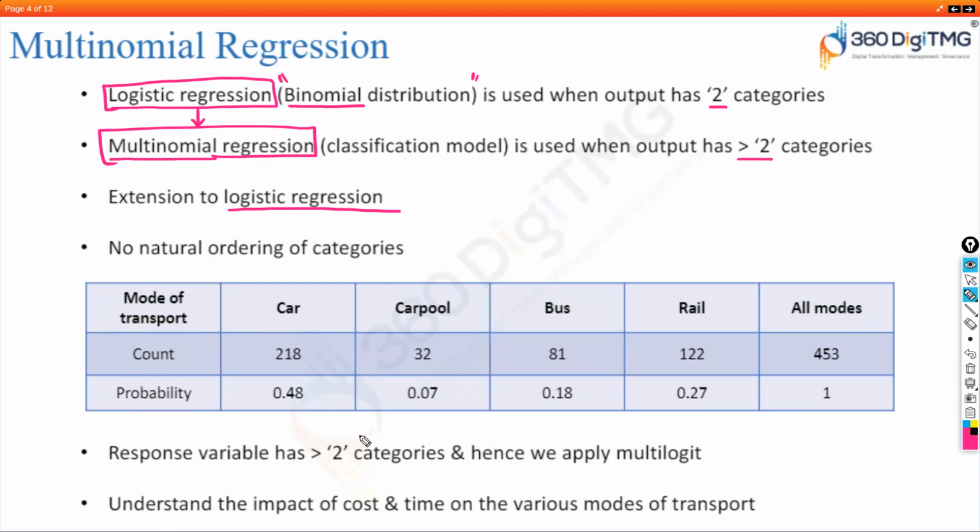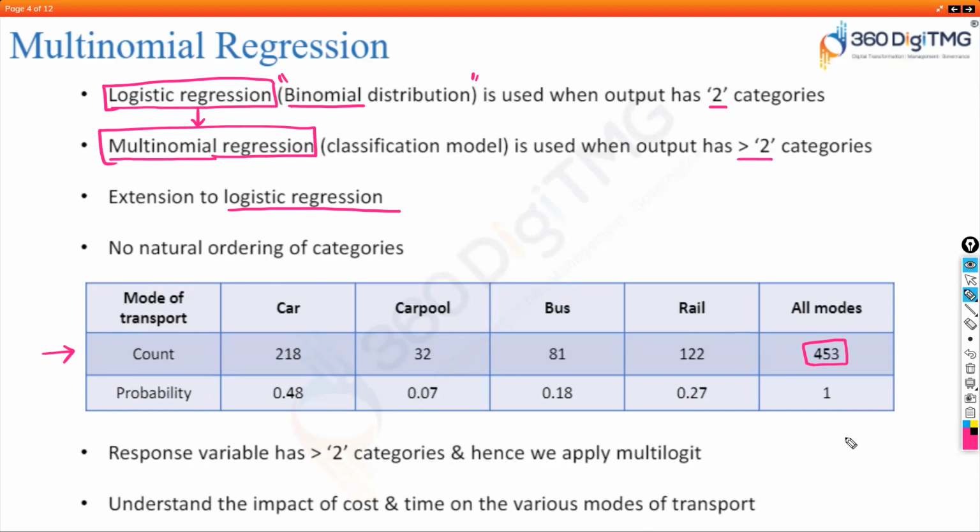People getting down at an international airport, for instance, would they prefer to go by car, or would they prefer doing a carpool, or would they go by bus, or would they prefer rail? And when you look at all of these modes of transportation, say we have 453 overall.